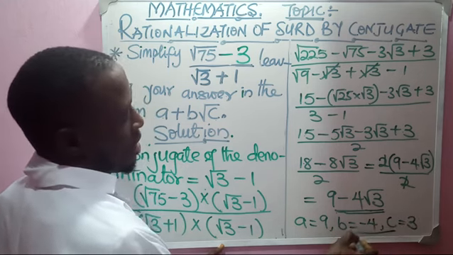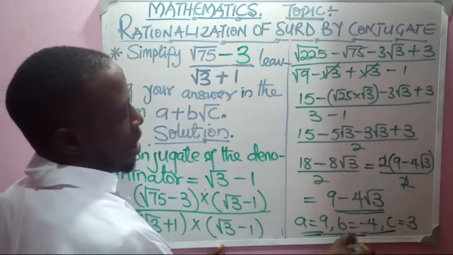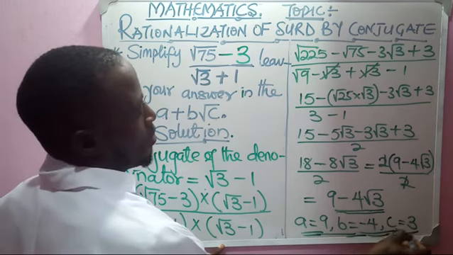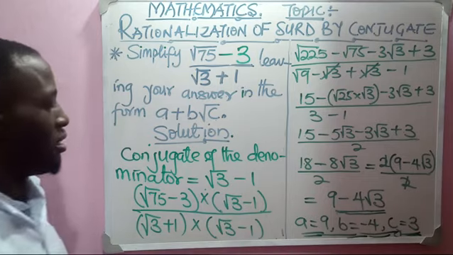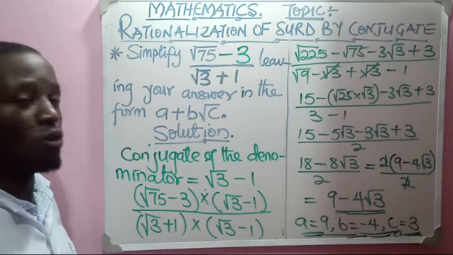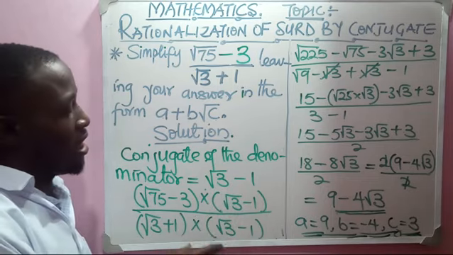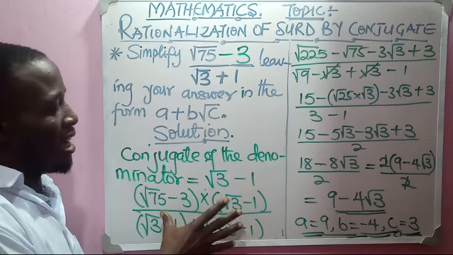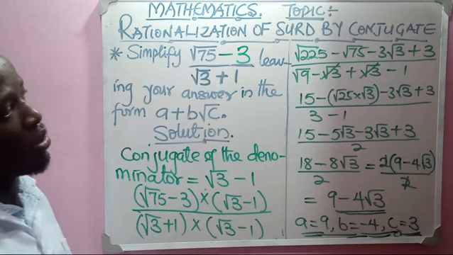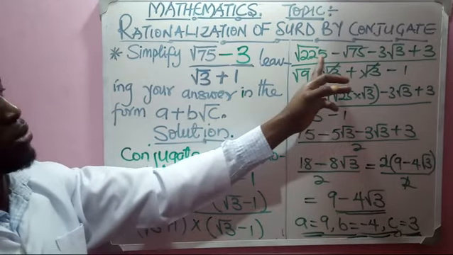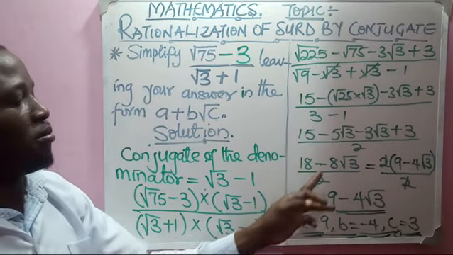Is it clear? I hope it's understandable. The explanation is clear enough, but the major issue many students have here is the conjugate and the expansion. That's why I took my time to expand it this way for clarity purpose.